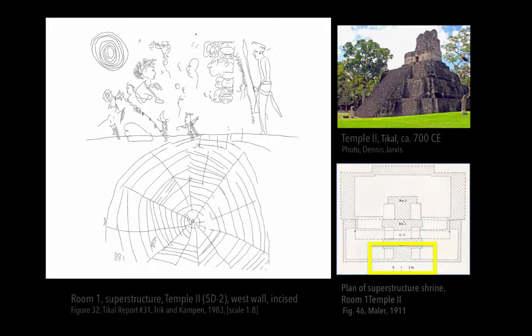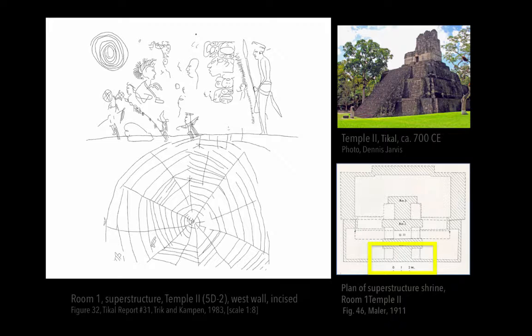I want to give you a basic thumbnail sketch of Temple 2's architecture. A photo of Temple 2 is in the upper right-hand corner of your slide. It is a building similar to Temple 1, but it is shorter, and it has a less extensive front stairway. It does have a superstructure shrine, with an extensive structure on top of the shrine.